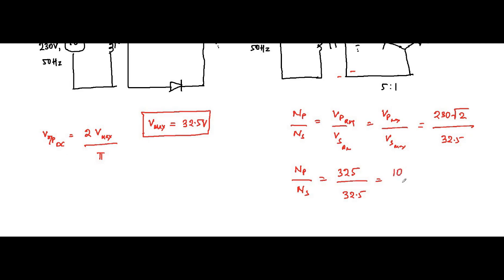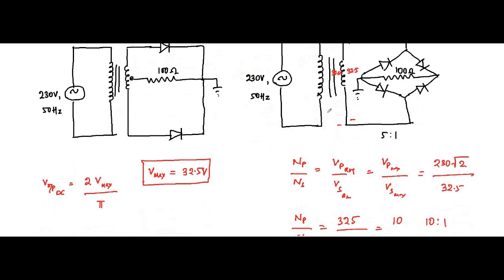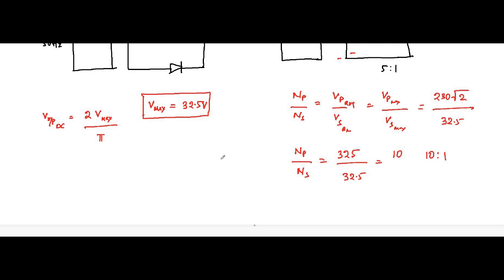So the turns ratio is 10:1. If we change the turns ratio of the bridge type rectifier to 10:1, in that case we will get the maximum voltage appearing across the diode as 32.5.